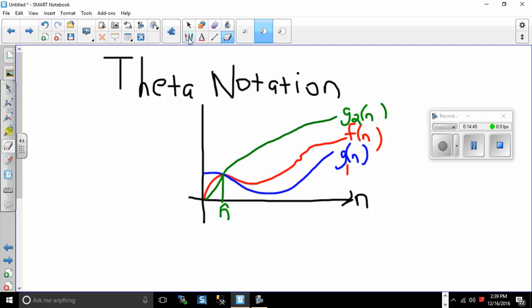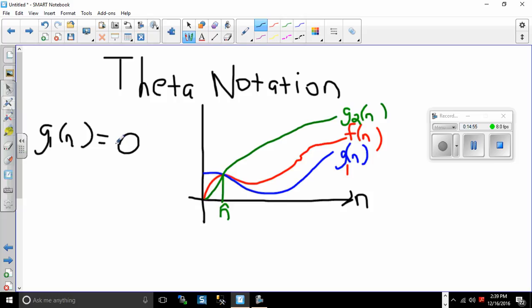We say that g1 of n, of course, is equal to big O of f of n. And then we say that g2 is equal to omega of f.